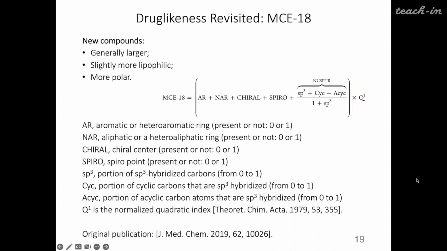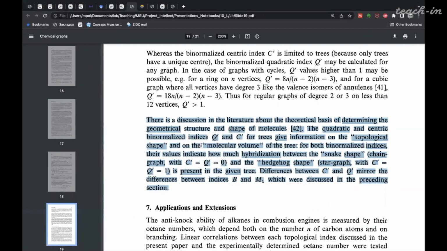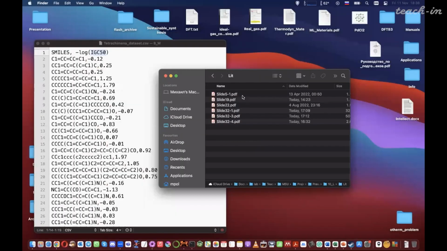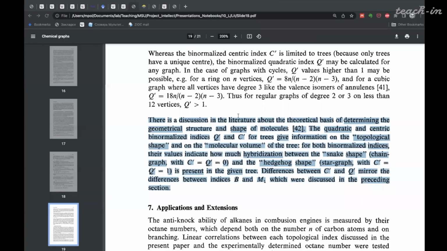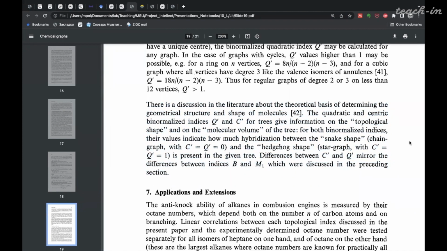It's a topological index, so you can refer to this article I've sent you. Basically, it indicates molecular shape.